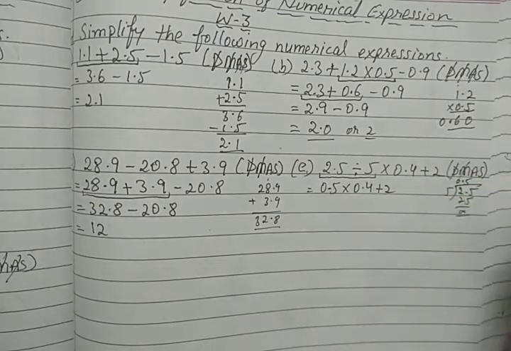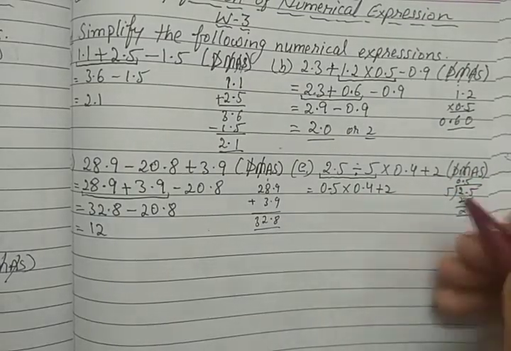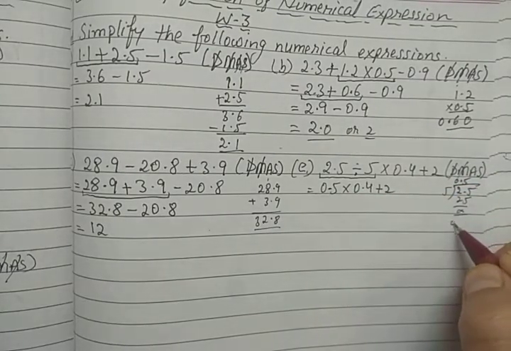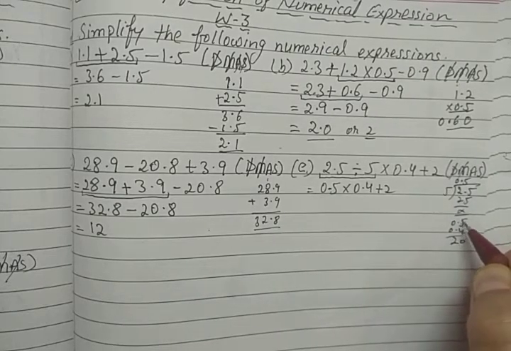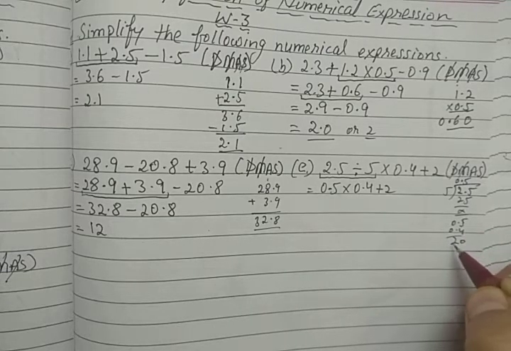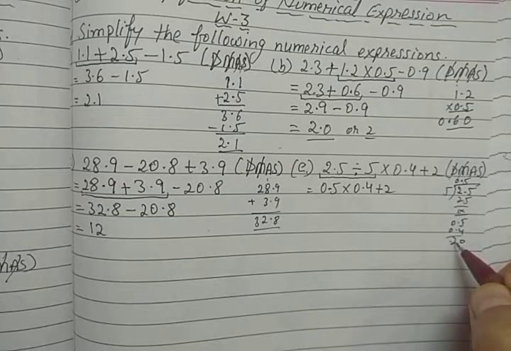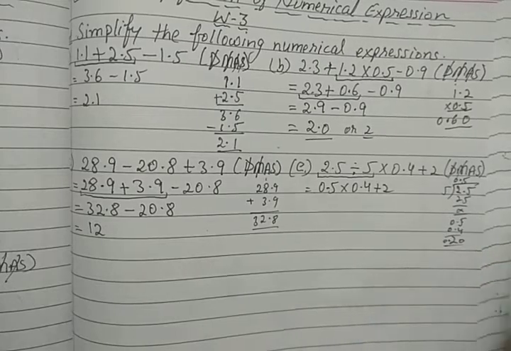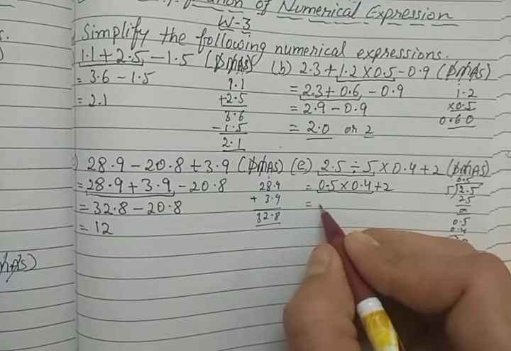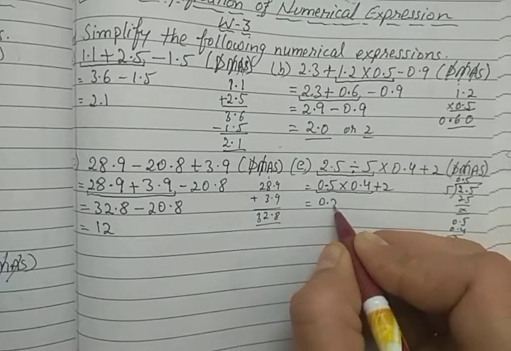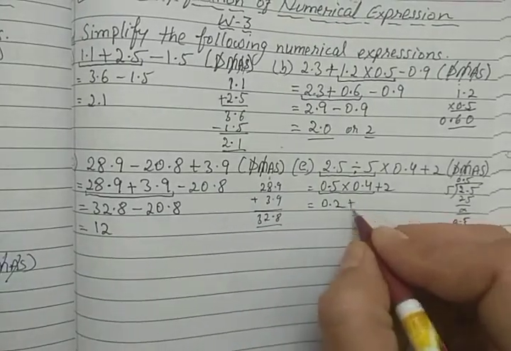So we will multiply these two. 0.5 multiplied by 0.4. 5 4s are 20, and there are two decimal places, 1, 2. So we put the decimal before two digits. So the product is 0.2 plus 2.